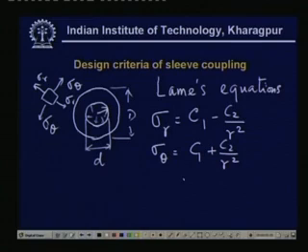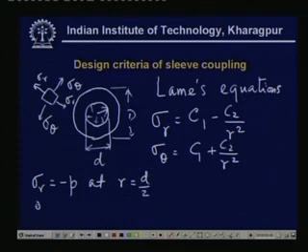Now, when we use the boundary conditions, suppose it is subjected to pressure on the inner surface. So, the boundary conditions will be sigma r equal to minus p, if p is the pressure at r equal to Ri, which is equal to d by 2.